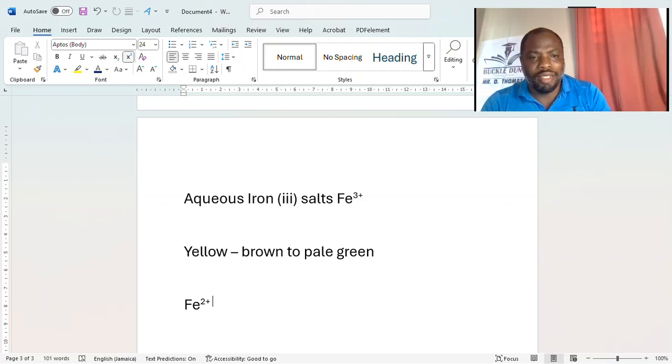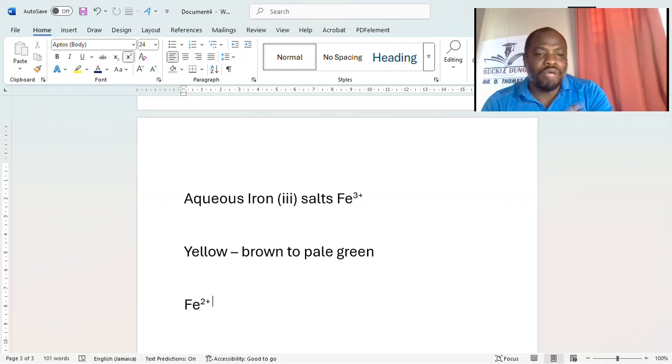And again, the reducing agent that we would have mixed this Fe3+ salt with would be causing it to become reduced. And we know that reduction is the gain of electrons. So technically, the iron is gaining an electron, and that is why it is moving to a 2+.